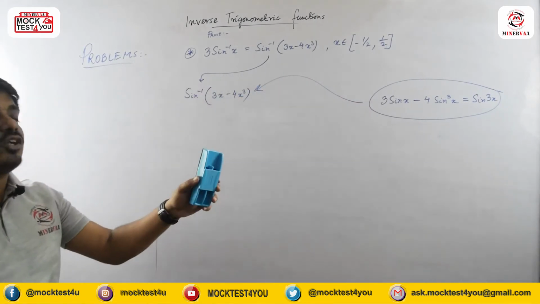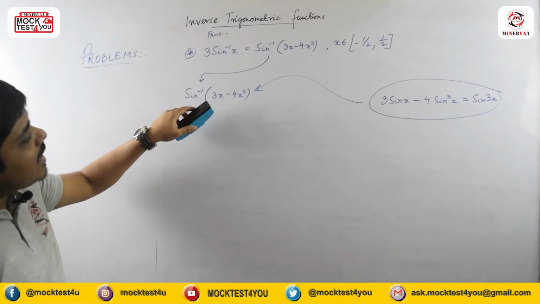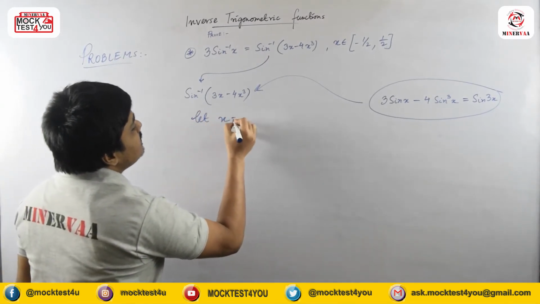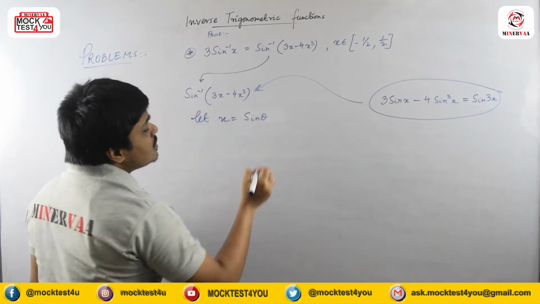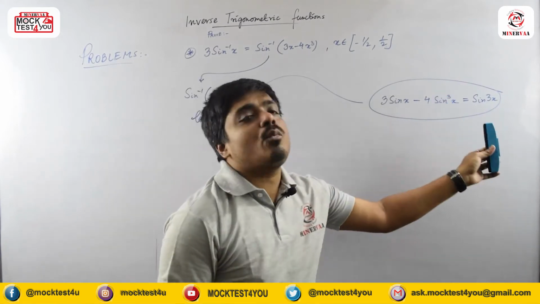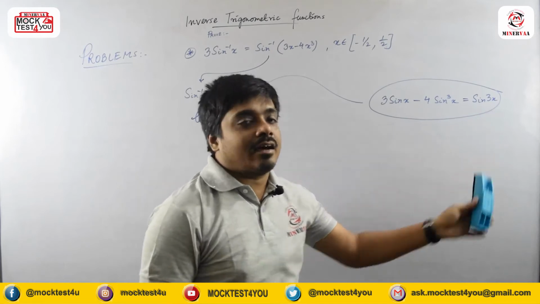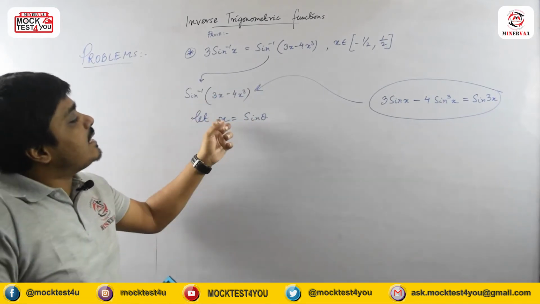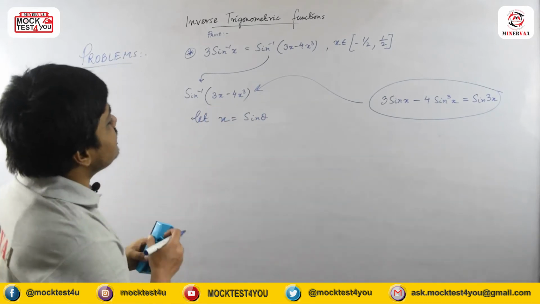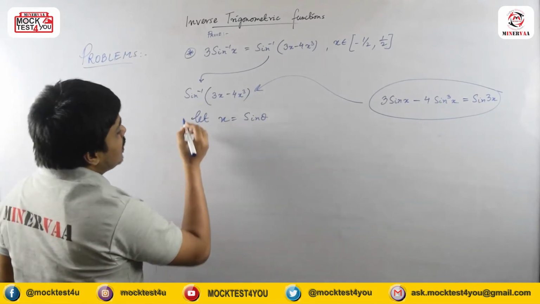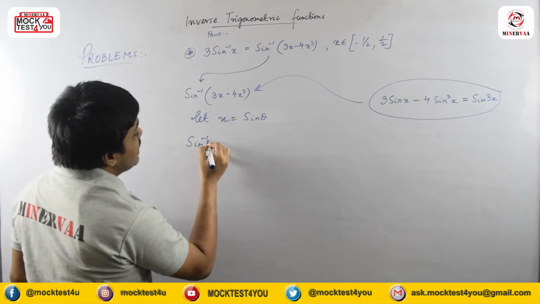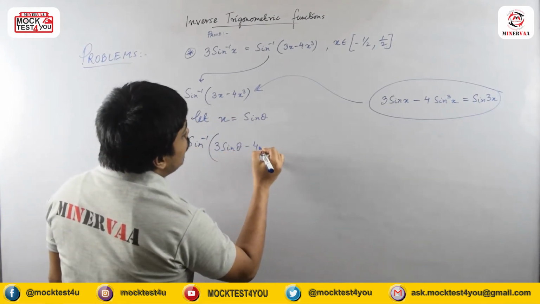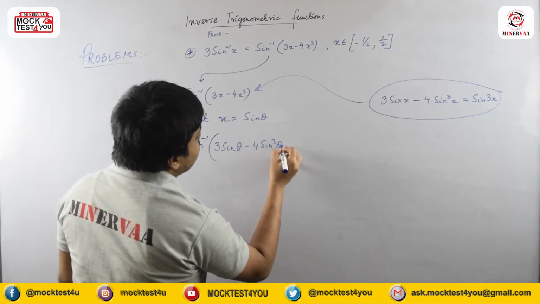So I can write, let x is equal to sine theta. Because I can use this formula only when we have sine x in there, but here we have only x. So I transform the x into sine theta. So let us see what we get. What is inside the sine inverse? It becomes 3 sine theta minus 4 sine cube theta.